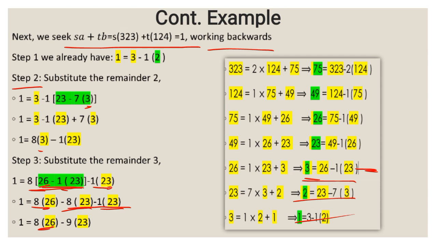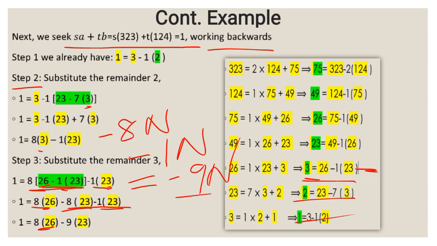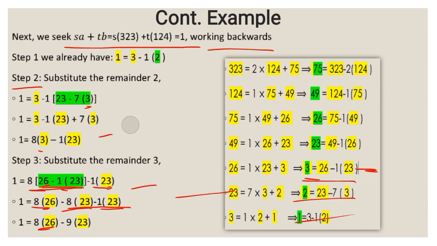More like I am owing 8 naira and I'm owing 1 naira. How many nairas am I owing? I will be owing 9 naira. Is that not so? That's why there's a minus 9. Okay, so that's how we got that value there. So you have minus 9 there. See that? So that's how we got to this stage here.